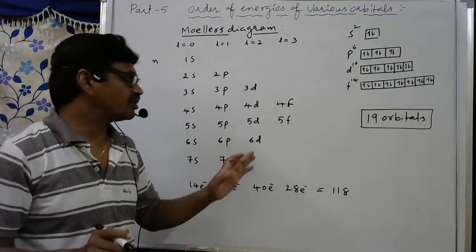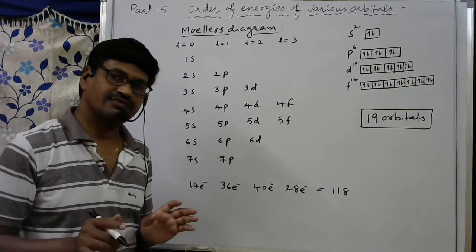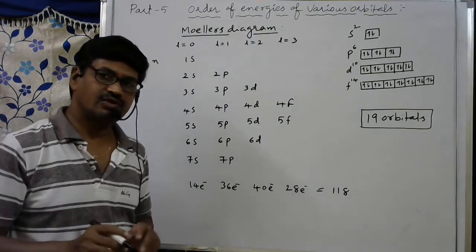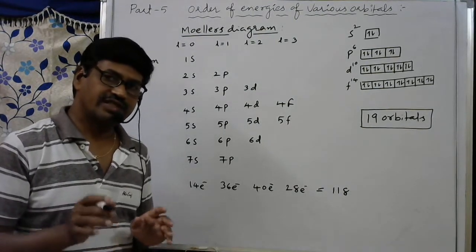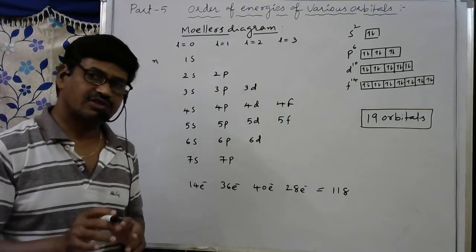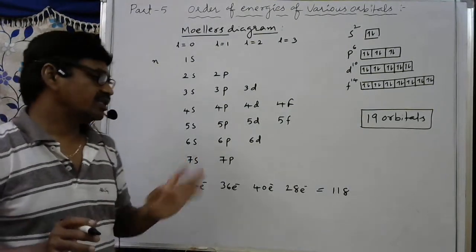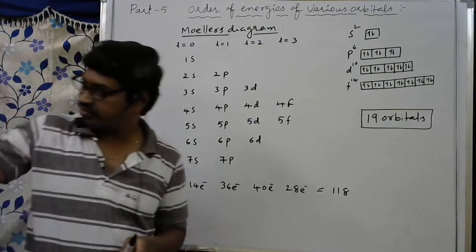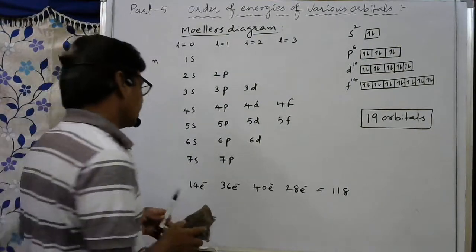Total 19 orbitals are enough to write electron configuration for the 118 elements present in our periodic table. Till now, that many are discovered. This is enough. Okay.